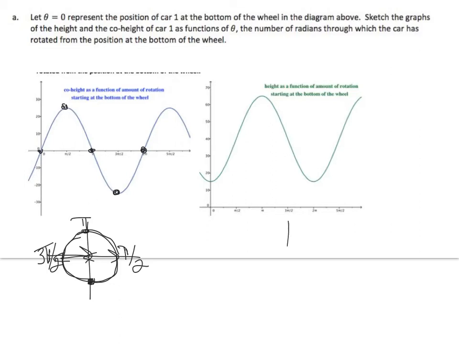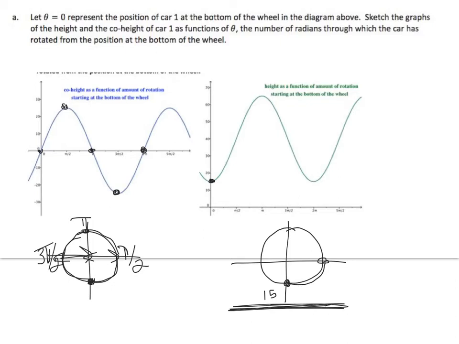If we just look at height, we're starting here, but we are 15 feet above the ground. So that's why at theta equals 0, we're at 15. Here we're at 25 plus 15.